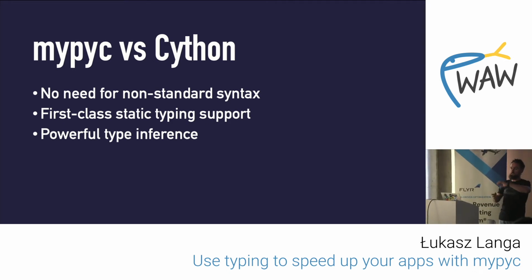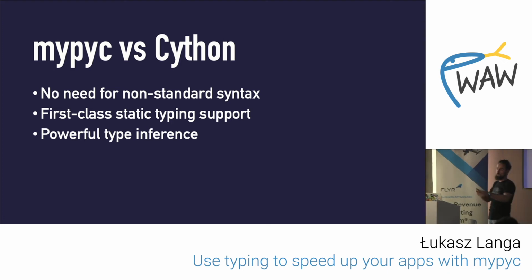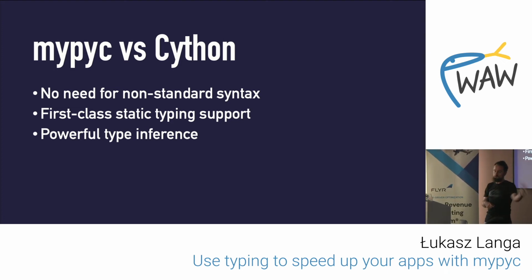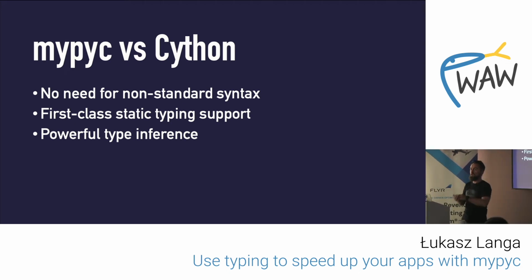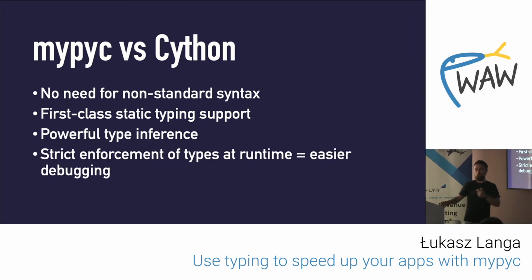It'll see that something is a dictionary, but later on it's a dictionary where keys are strings and values are ints. So it'll do all of this for you without you having to say all the types all the time. And as I said, the enforcement of types at runtime is strict, which makes debugging faster as well, because you see where the problem arose, where you say it's a list of string, but there was a None at the end.